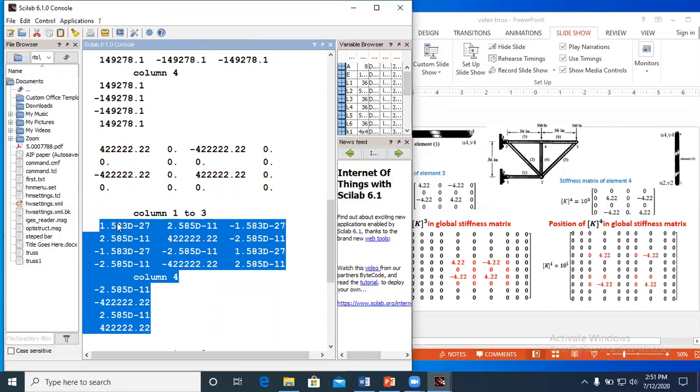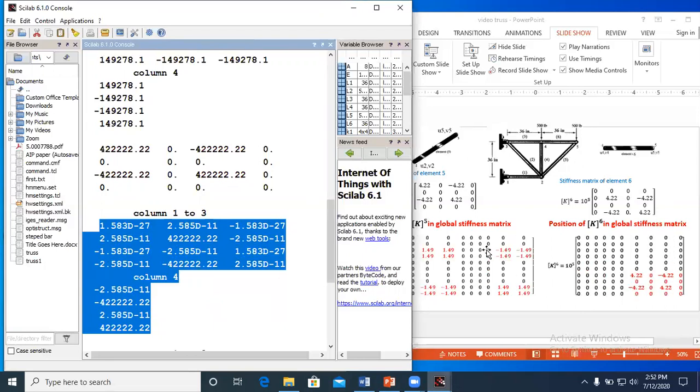That means the first column is 0. On the second column, the first term is 0. The second term is 4.22. The third term is 0. Next is minus 4.22, and all these terms are 0. And on the last column, the second term is 4.22 into 10 raised to 5. This term is 4.22 into 10 raised to 5, and the remaining terms are 0.